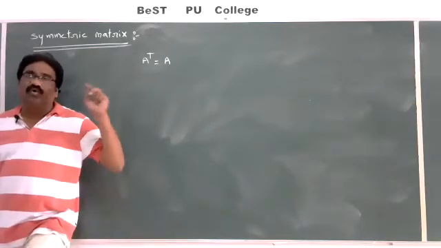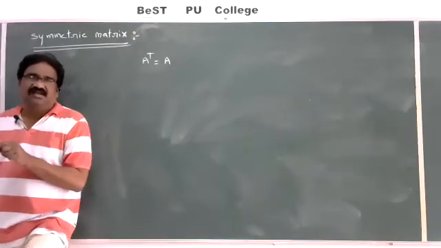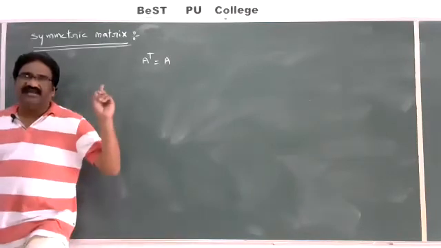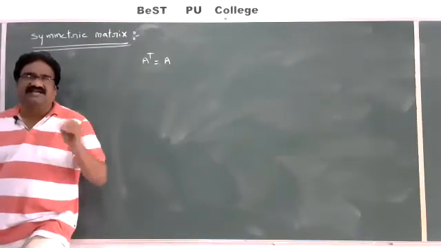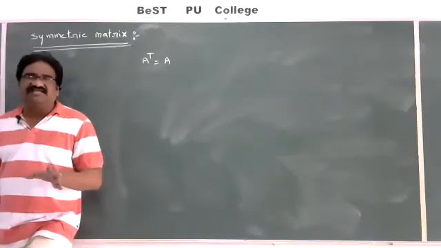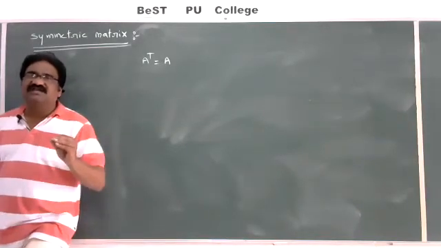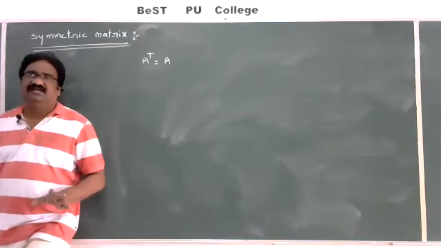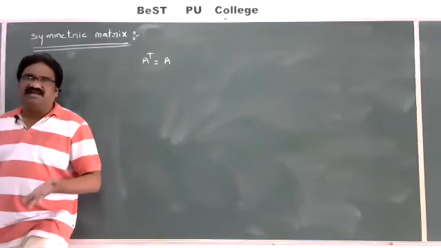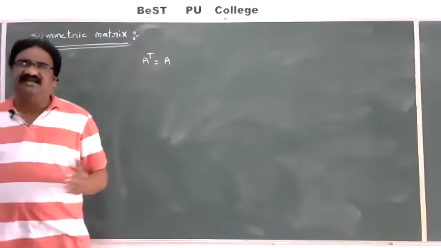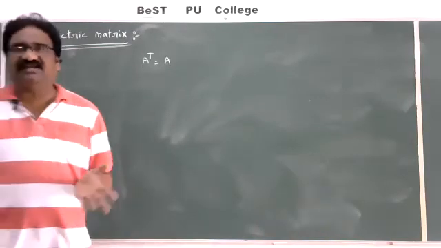This can be done only in square matrices, not in rectangular matrices. That's why a square matrix is said to be symmetric matrix if A transpose is equal to A. So if you write A transpose, then you get again same matrix.